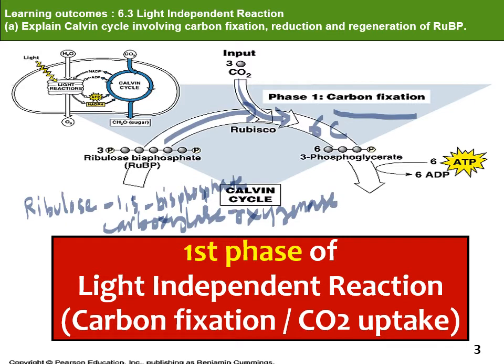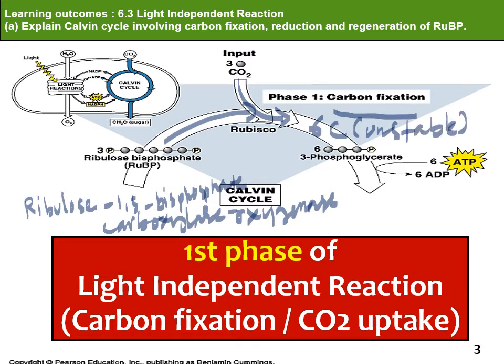So this enzyme will catalyze the fixation of carbon dioxide molecule to ribulose bisphosphate, the 5 carbon sugar. So it will form a 6 carbon compound which is unstable. So this molecule is unstable.